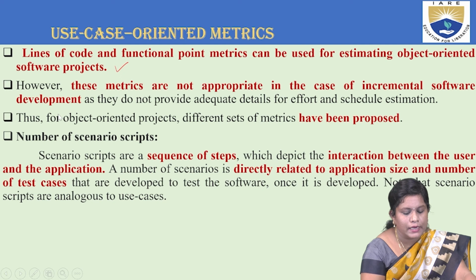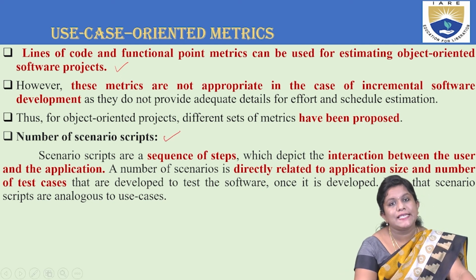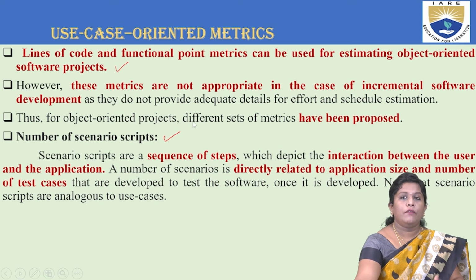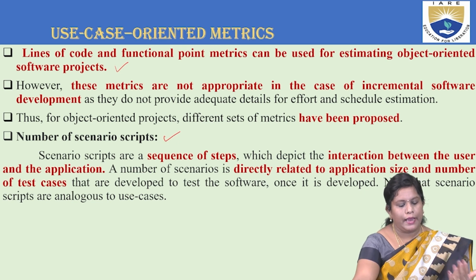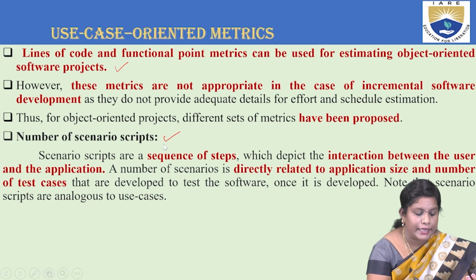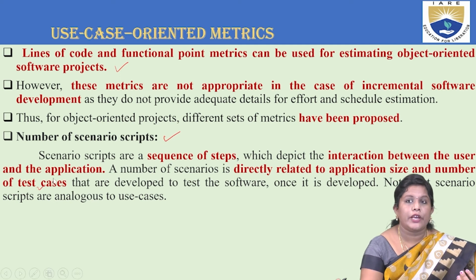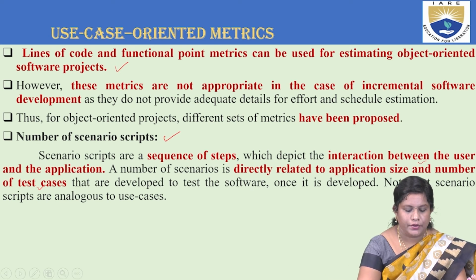Which is focusing again on the scenario scripts. As I told you previously, scenario scripts involve a sequence of steps of interaction between the user and the application. Here, you try to develop various kinds of test cases and focus upon the application size and the number of test cases that are there, right?